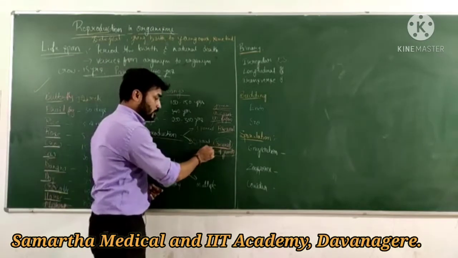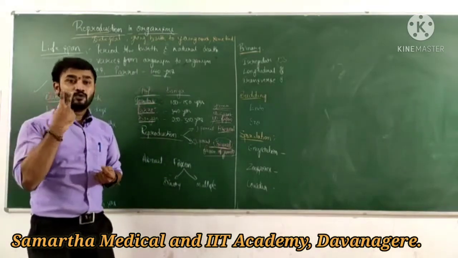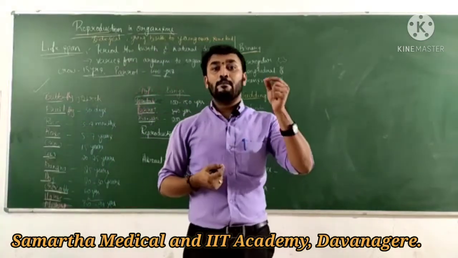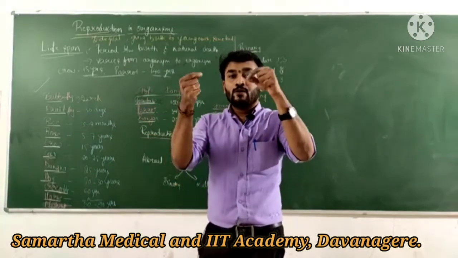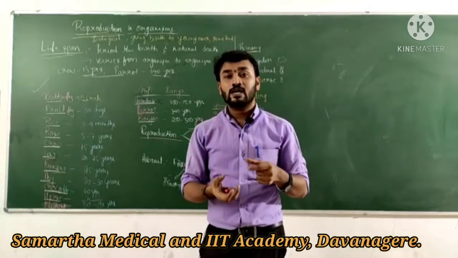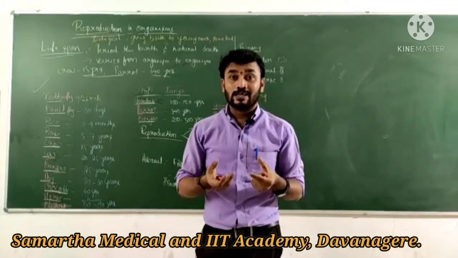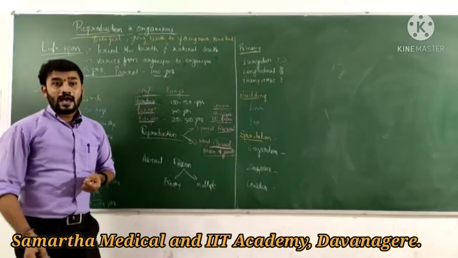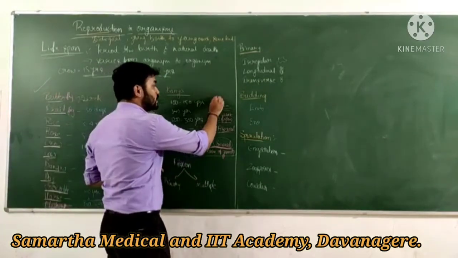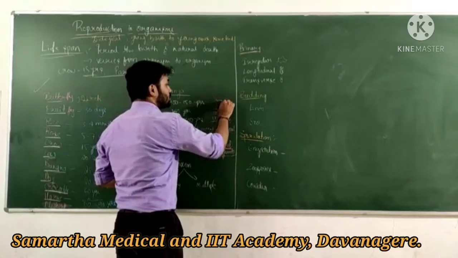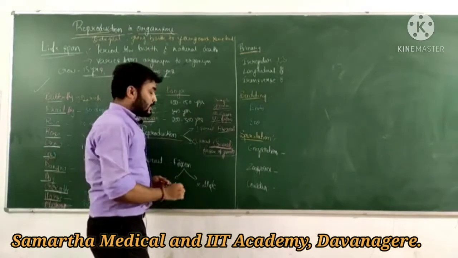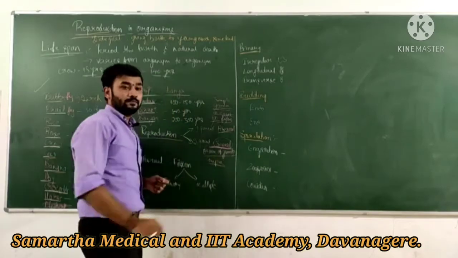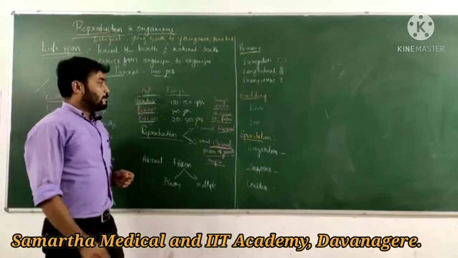Whereas sexual reproduction involves two parents, that is biparental reproduction, where male and female gametes fuse together to form a zygote. Asexual reproduction is very simple in mechanism, while sexual is complex.